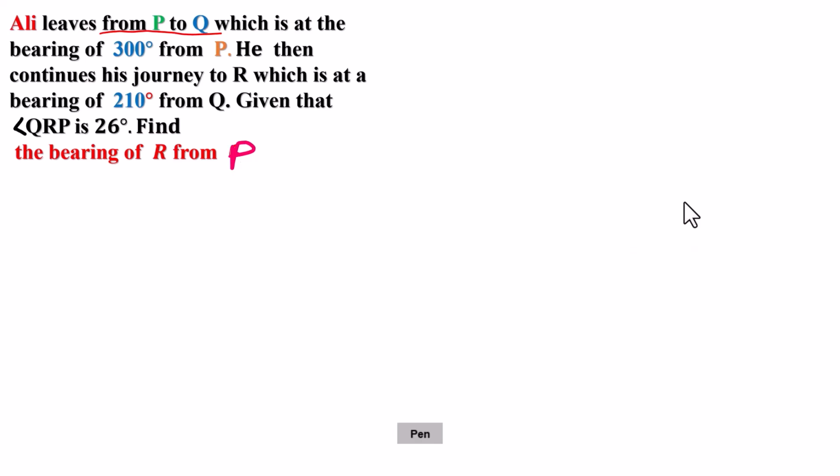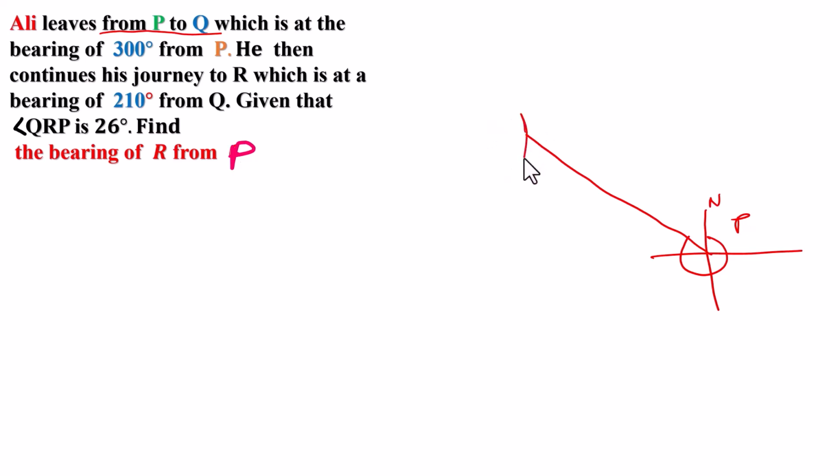So 300 moves this way. This is P and this is our Q. So this side is 300 degrees. That's the first statement.